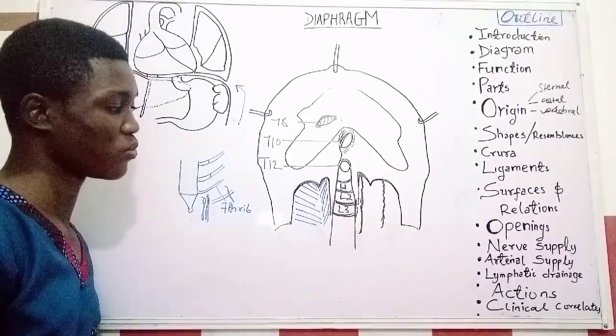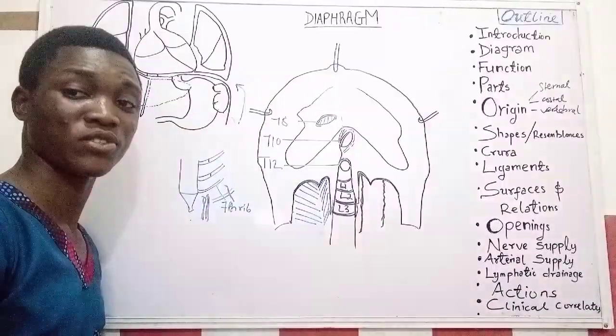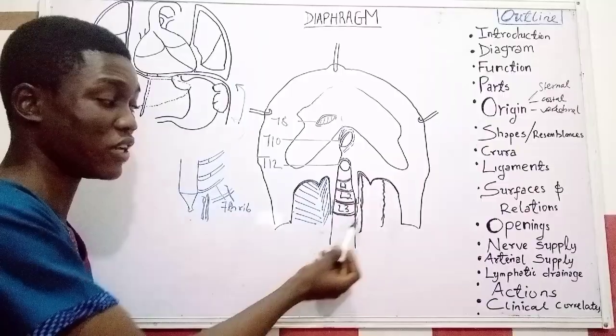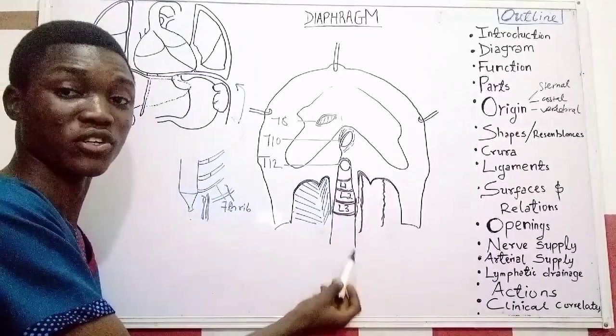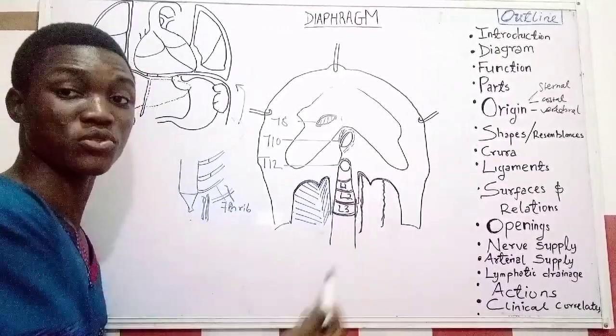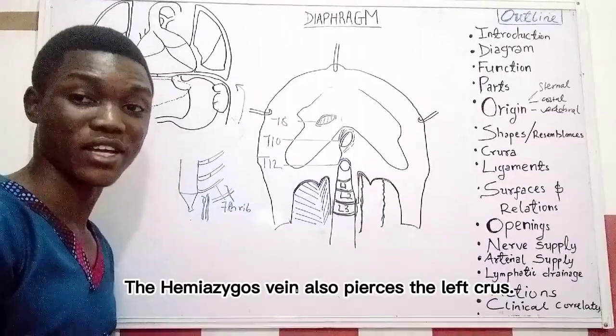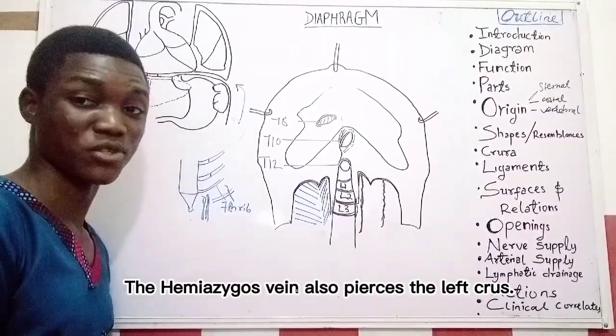Okay, so in addition to the contents passing through the left crus, we also have the hemiazygous vein. It also passes through.